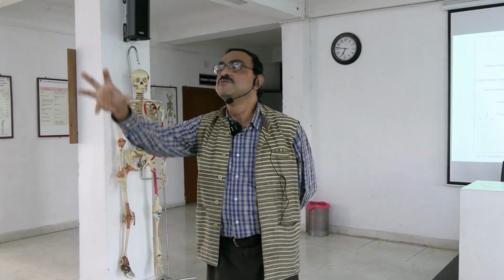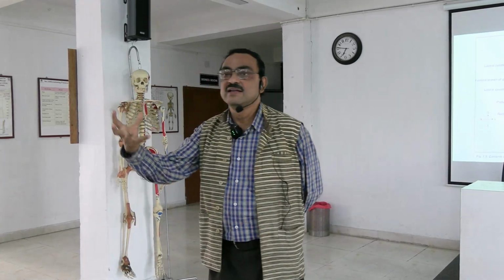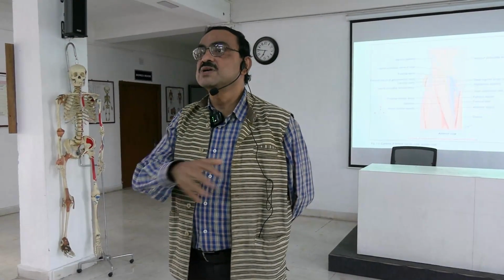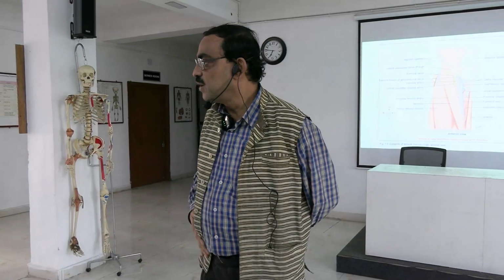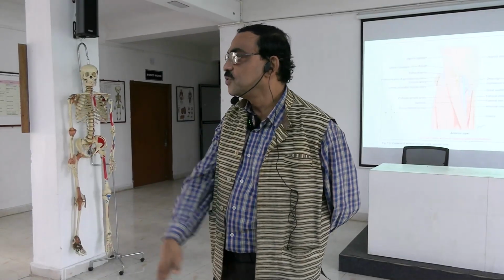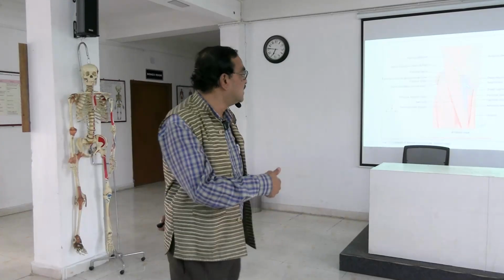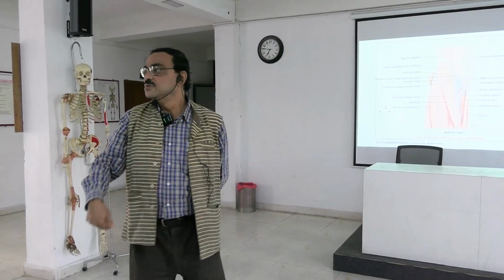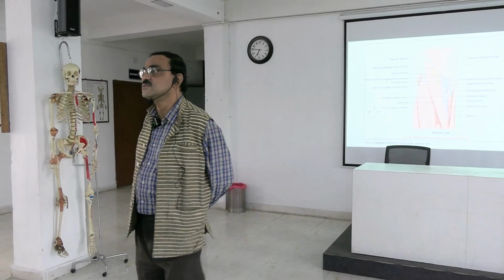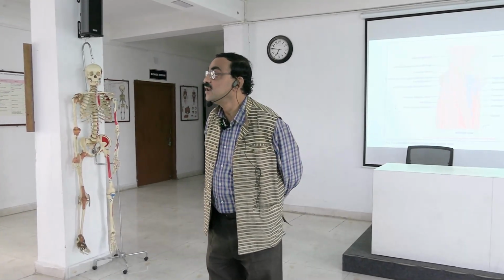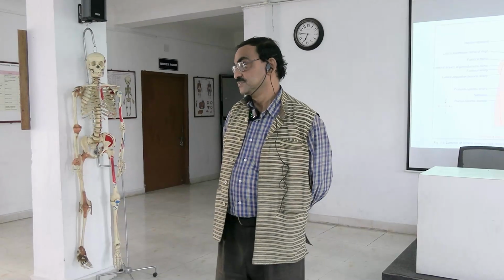Protrusion of any viscus or viscera, like intestine or anything, when it protrudes out through the abdominal wall or through any opening, it is called hernia. When it passes through this canal, from the abdomen into the femoral canal, it is known as femoral hernia.